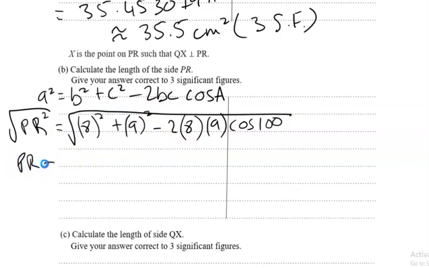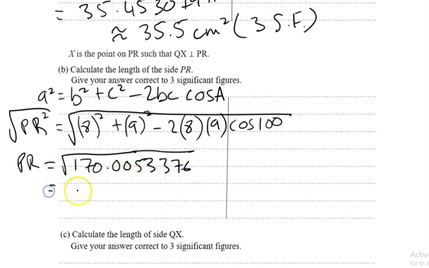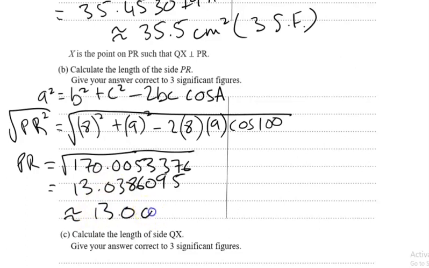So PR is going to equal the square root of 170.0053376. That's going to equal 13.0386095. Rounded to 3 significant figures, that's going to be 13.0 centimeters.